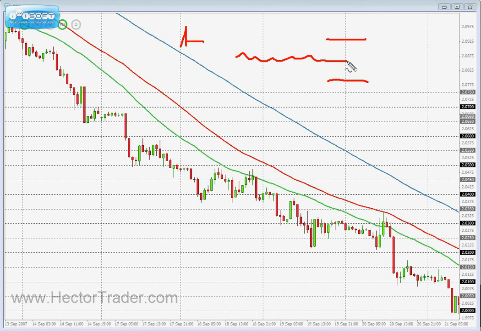Okay, if price spikes to the upside, your buy stop order will be triggered and your broker will automatically fill you long in the market. Conversely, if the price spikes to the downside, your sell stop order will be hit and therefore you'll be short in that market at this level. Okay.